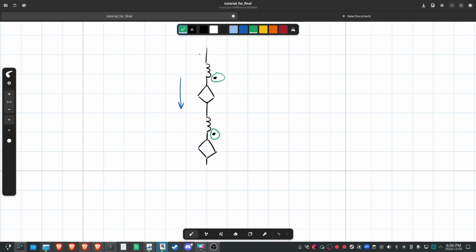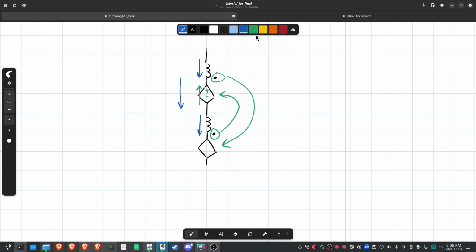And so this is going to affect that one. This is going to affect this one. And they are going to be opposed. The direction is going to be opposite of the current that's traveling through the inductor, right? So the current traveling through the inductor is this way. Therefore, this dependent source is going to be traveling in the opposite direction, upwards.